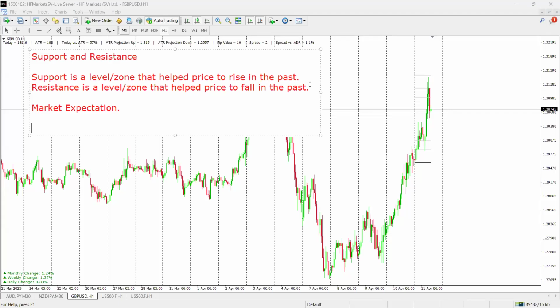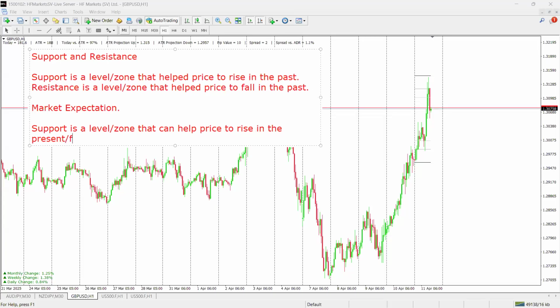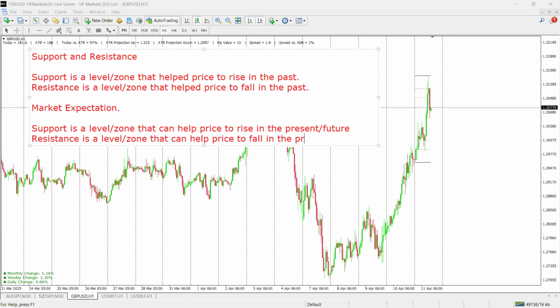In this case, the market expectation is that a support is also a level or a zone that can help price to rise in the present or similarly in the future. Whereas we also hold the expectation that a resistance is a level or zone that can help price to fall in the present or possibly in the future.